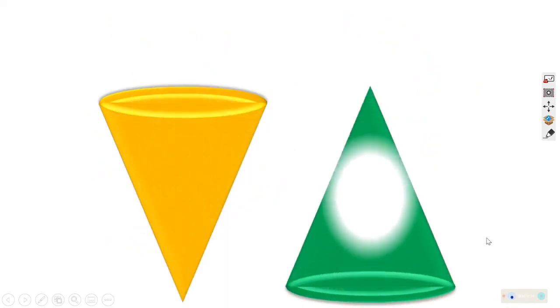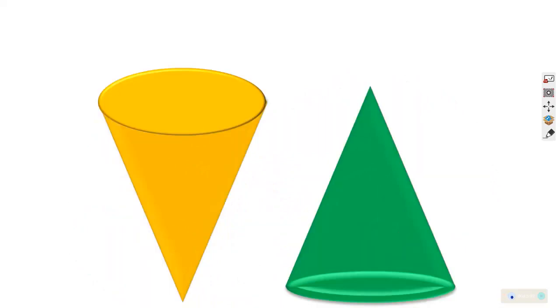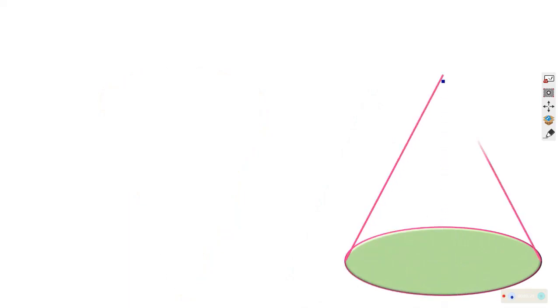Look at this. This is a cone, made beautiful for you to get into a mood of understanding the curved surface area of a cone. That is the purpose. We can understand how a cone looks, and I also explained the different terms related to it, which can be easily understood from this diagram.